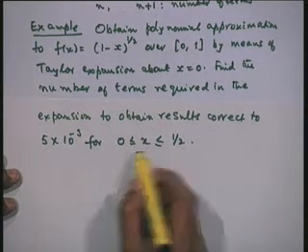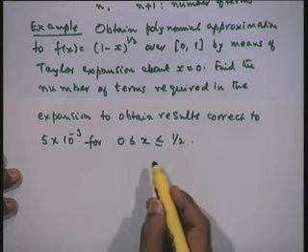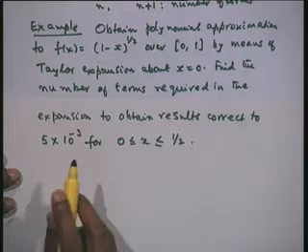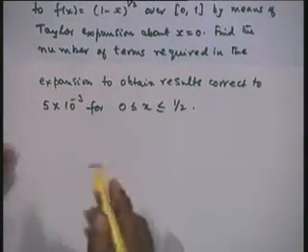I am giving the interval and the accuracy, and asking what number of terms in the Taylor series will be required to achieve this accuracy. So, for the first part, let us differentiate it and find out the values.